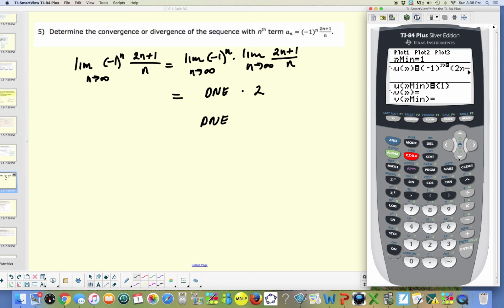When I let n equal 1, I am going to get -1 as my answer here, and then that'll be -3. Okay, and let me go ahead and change my window. I need to see a little bit more.